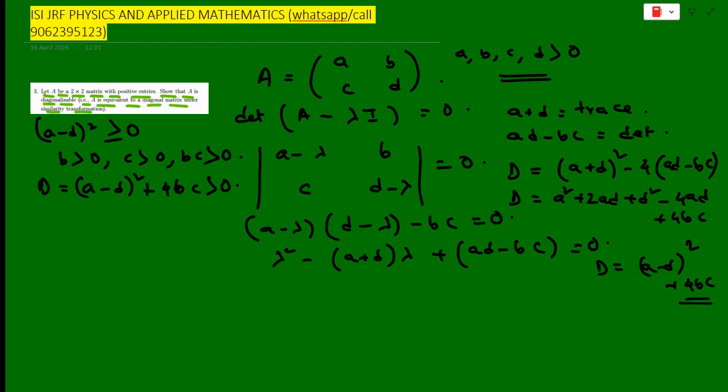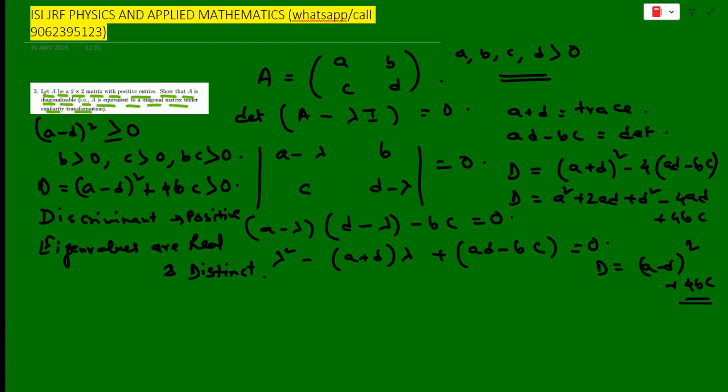Discriminant positive and the eigenvalues are real and distinct. Now combine everything.